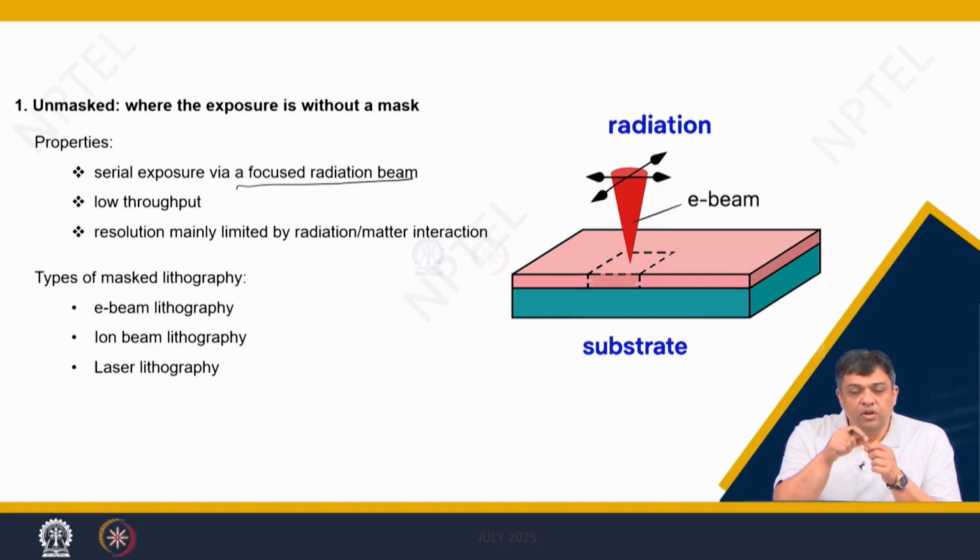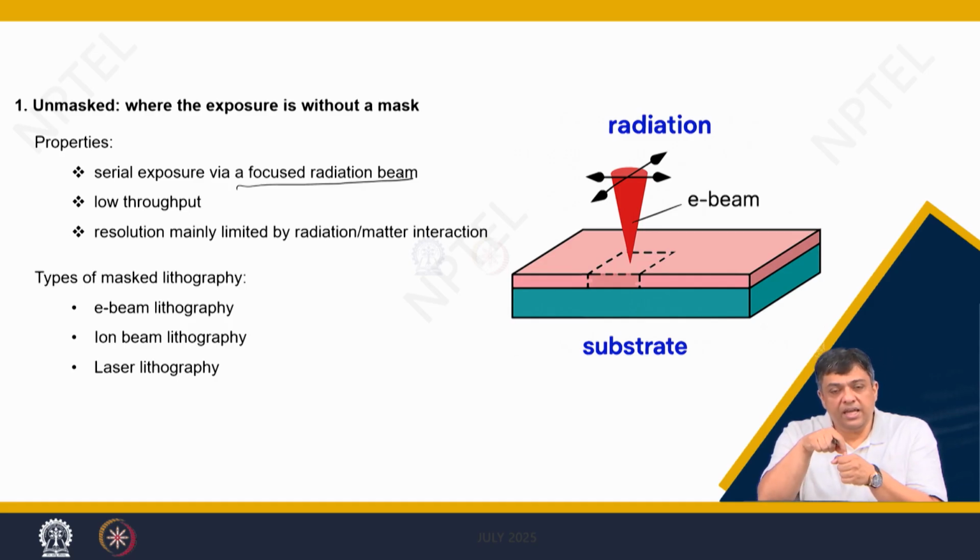but now if I expose at one point, then I have to move the beam one by one to different points to expose the photoresist on top of it. Hence, the throughput becomes slightly lower than what you had in the previous case, and the resolution is mainly limited by radiation and radiation matter interactions.